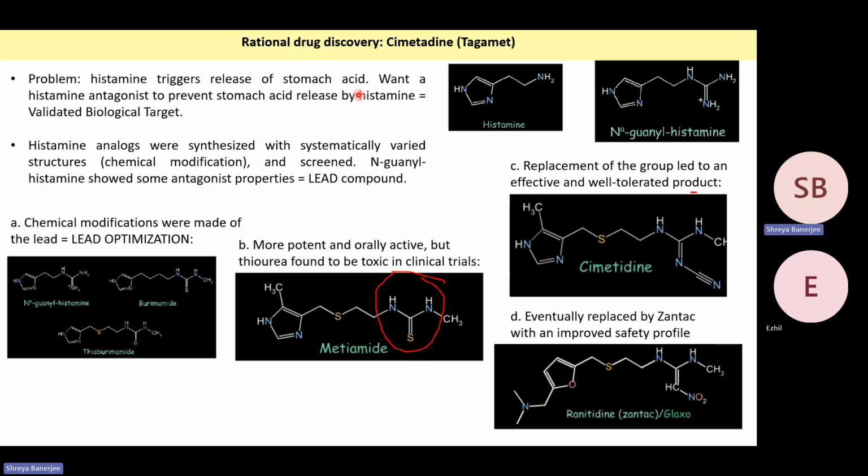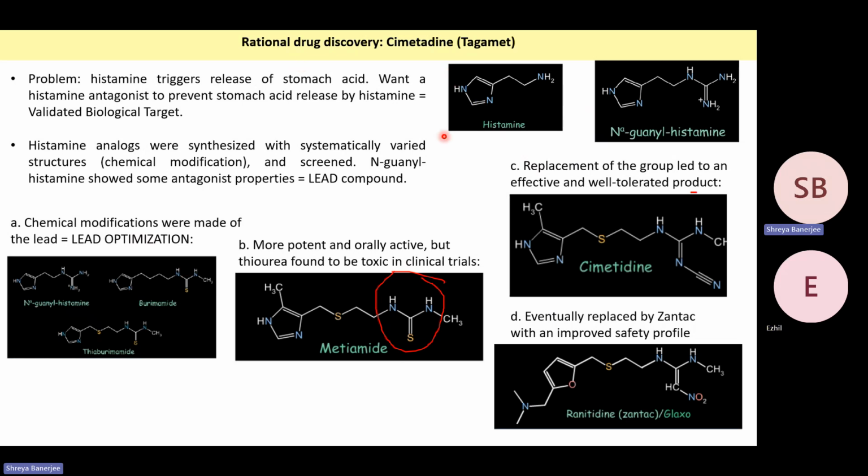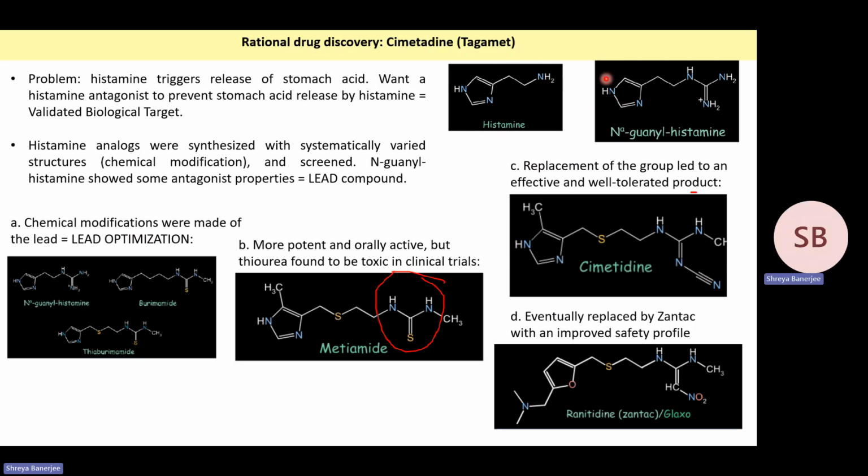So this was how the rational drug discovery was done. And this was a structure-based drug discovery because we know the initial structure that we are starting with. And then we modified that structure into a lead molecule, and we optimize the lead molecule to get the best binding as well as confirm that it is not toxic in any way to the body, to ultimately end up with the drug ranitidine.